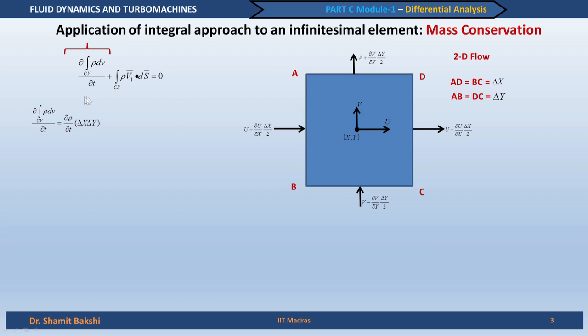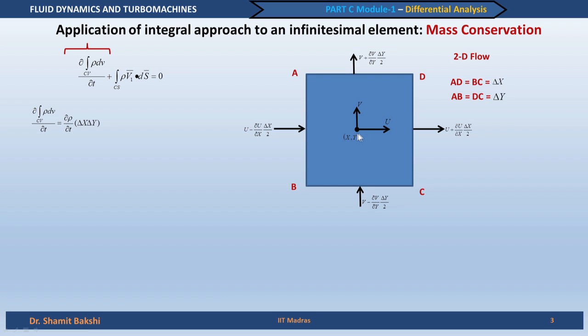So, the first term is this, the unsteady term, which is given as del t of integral over the CV rho dV. So, rho in this particular control volume is not constant, but we can consider the rho at the center of this control volume, because this is a very small volume.